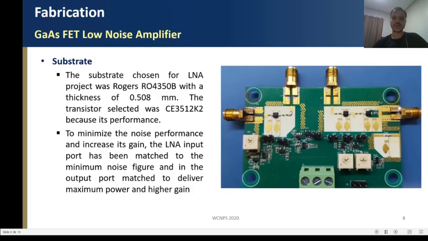The substrate chosen for the LNA project was Rogers RO4350B with a thickness of 0.508 millimeters. The transistor selected was CE3512K2 because of its performance.